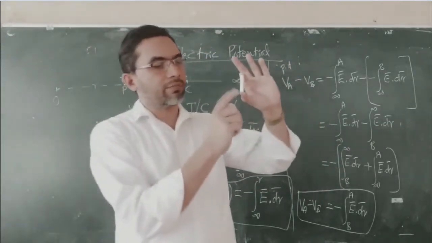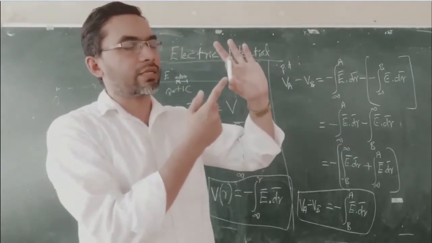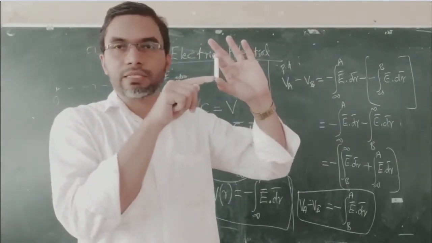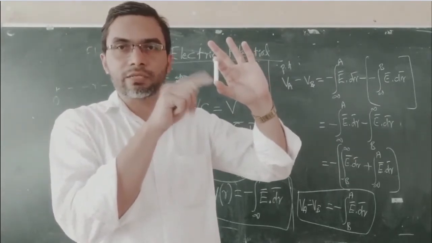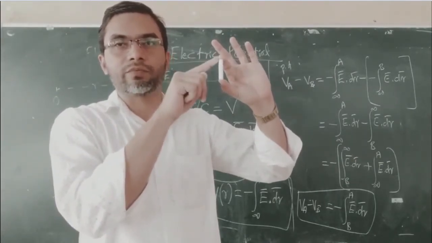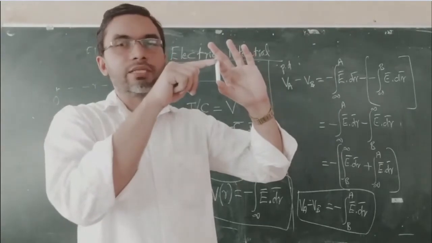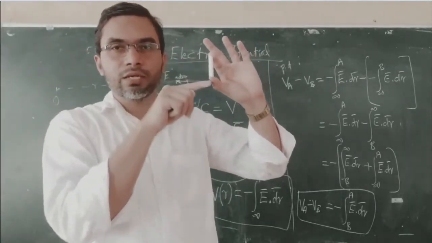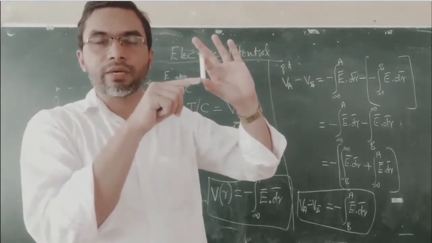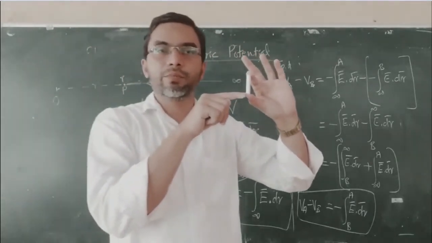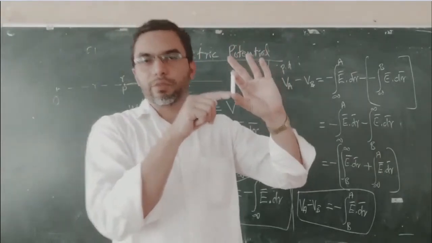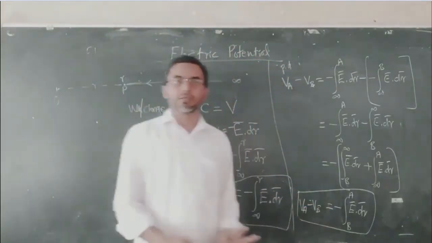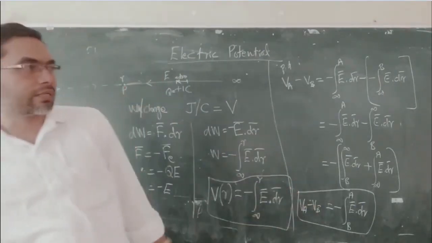If you talk about the potential, taking the negative terminal as reference, it will be 0 at the negative terminal and plus 1.5 at the positive. And if you take the positive terminal as reference, then the positive terminal potential will be 0 and the negative terminal potential will be minus 1.5. Still the potential difference is always 1.5. So potential difference is more important than electrostatic potential.